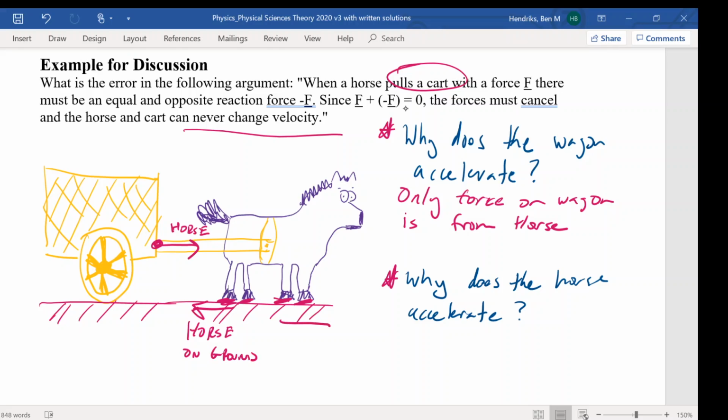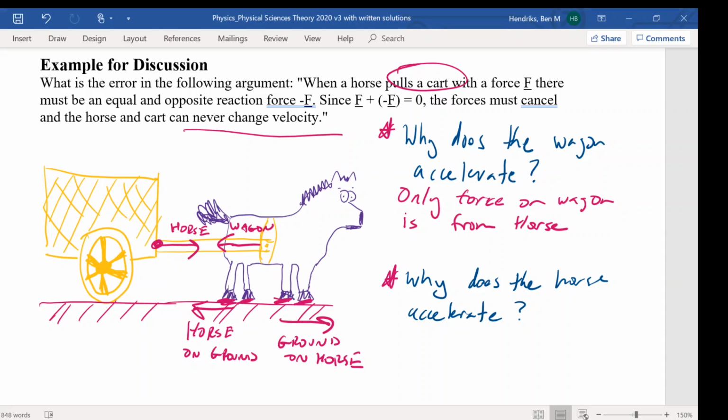And then the ground on the horse, that's our reaction force. Similarly, we also can't forget the wagon force here. So the horse is going to have a couple of forces acting on it.